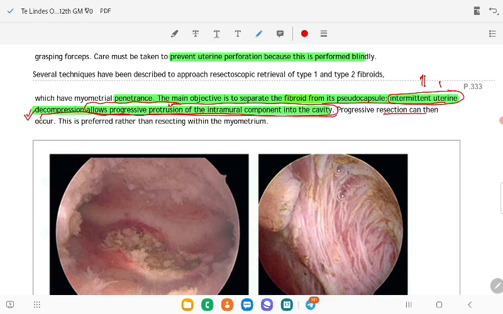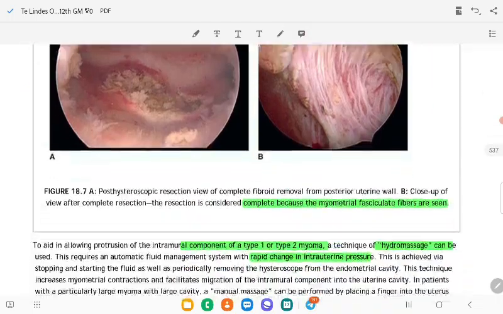That progressive resection can then occur, rather than resecting within the myometrium. So always do intermittent uterine decompression, which allows progressive protrusion of the intramural component of the fibroid. This progressive resection will be better than resecting by going inside the myometrium, which would be dangerous, with a risk of perforation.